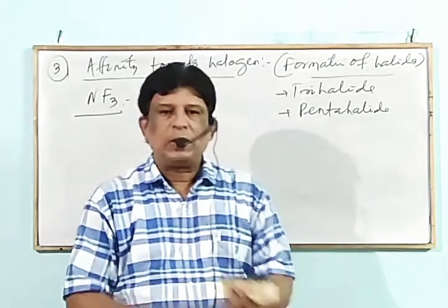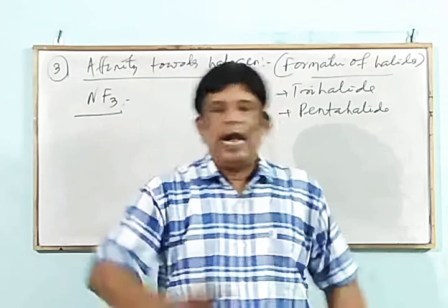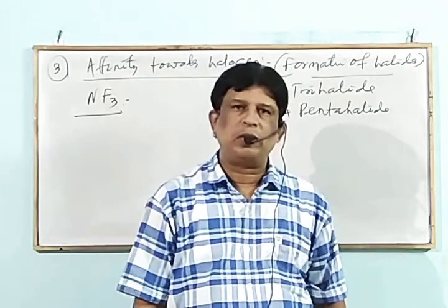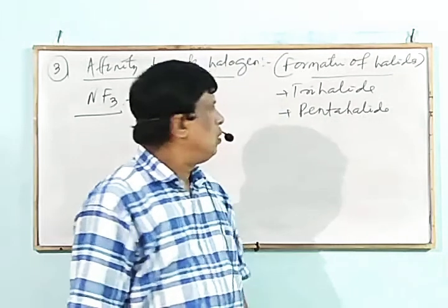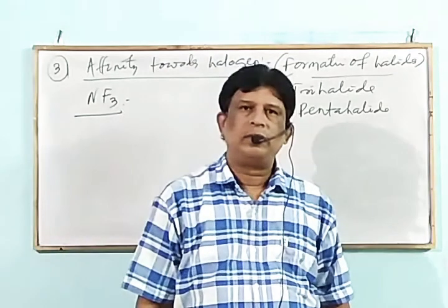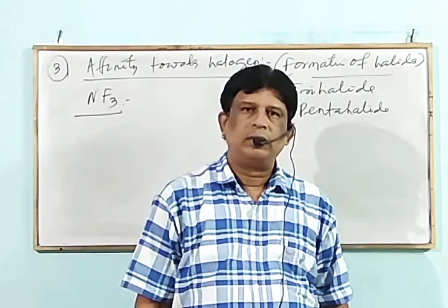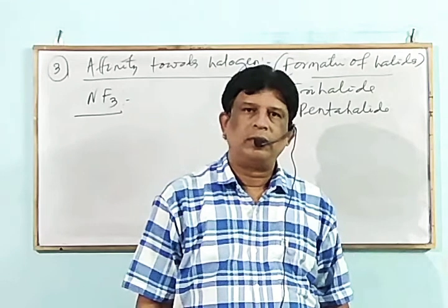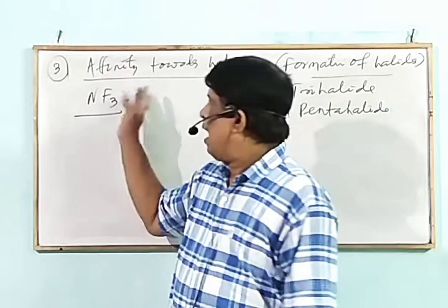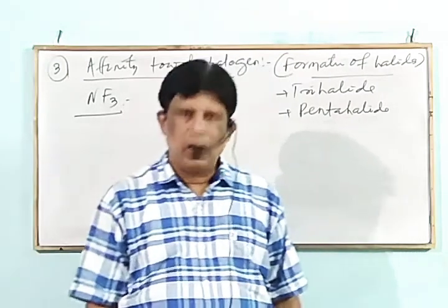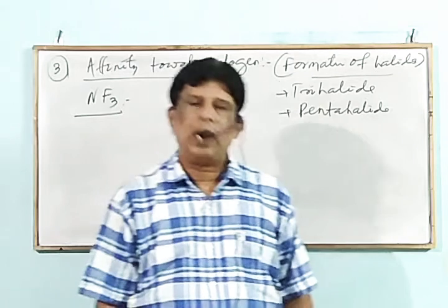Because of the absence of a vacant d orbital, excitation of electron is not possible. Other members, however, are able to form the pentahalides. These are some characteristic properties of affinity towards halogen or formation of halides.